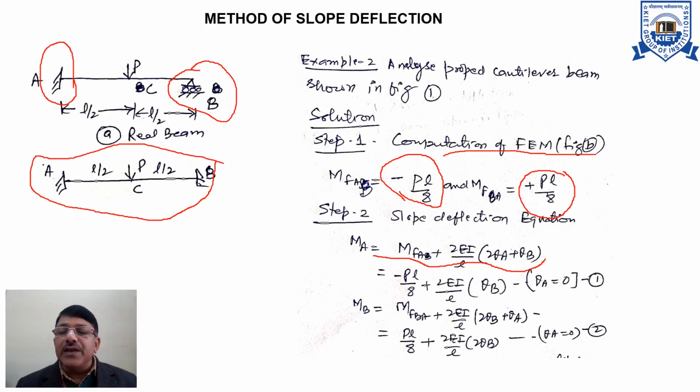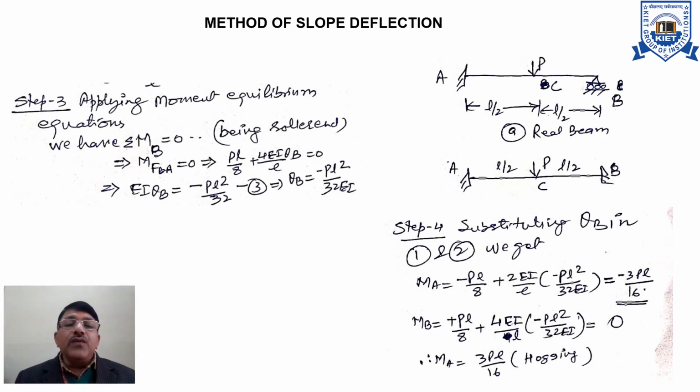So I can place theta A equals 0 in the equation, and I will end up with a relationship like this, as shown in equation 1 here. Similarly, the moment at B can be written as PL upon 8 plus 2 EI upon L into 2 theta B.